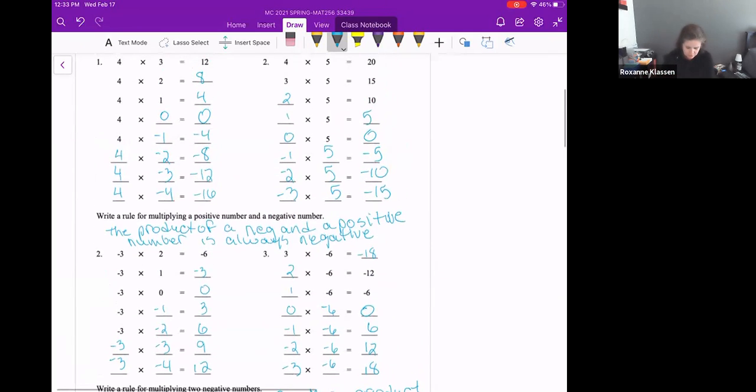So what was the rule you guys wrote for multiplying two negative numbers? It's from here and over here. What did you notice just with patterns, what happened?